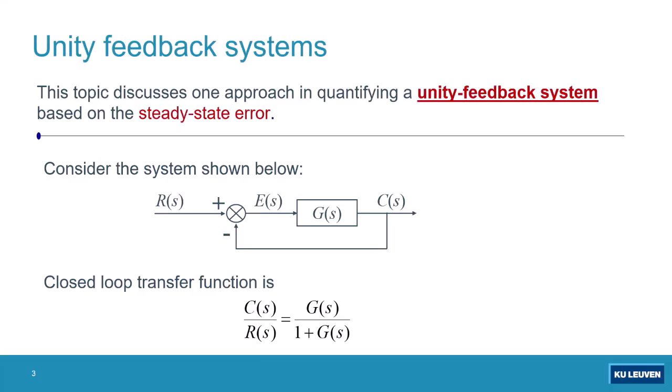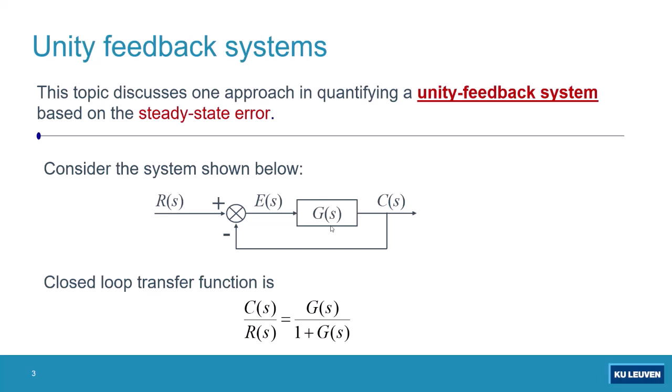Let's start by considering a unity feedback system as you can see in this slide. This unity feedback system has open loop transfer function of G(s). Since this is a unity feedback system, the open loop transfer function will be equal to the forward loop transfer function.